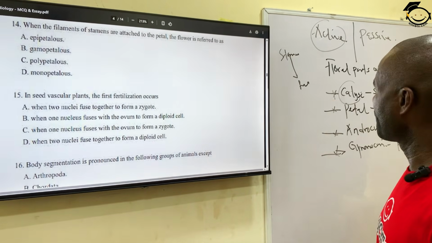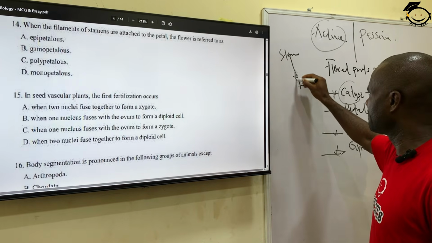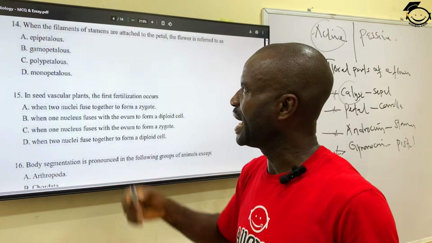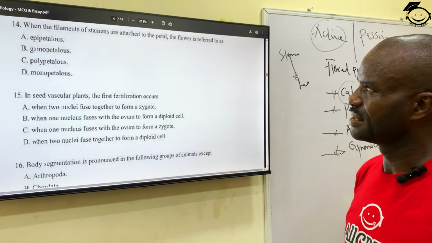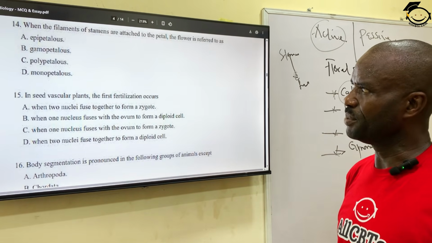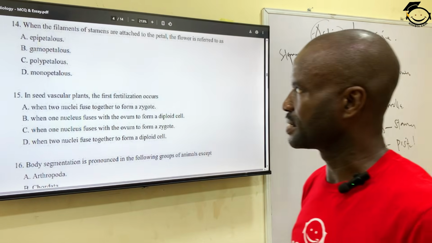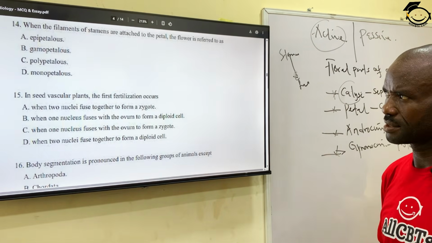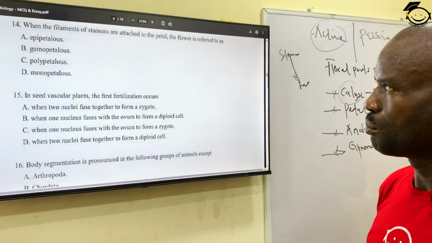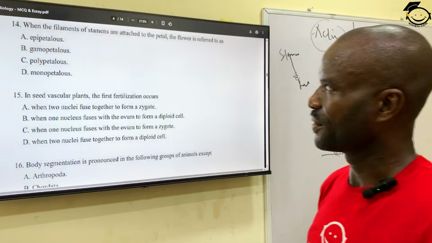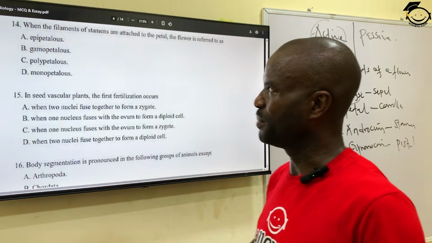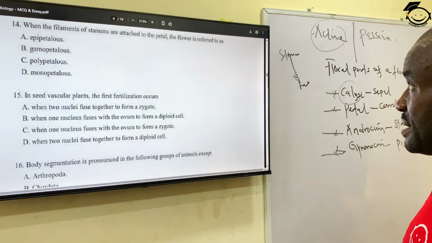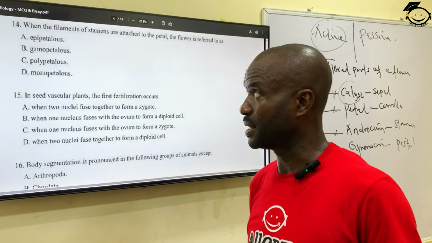So when you have the filament being fused with the petal, what is that called? A, epipetalous. B, gamopetalous. Then C, polypetalous. D, monopetalous. The correct answer is A, epipetalous. When the filament of a stamen fuses with the petals, it is called epipetalous.